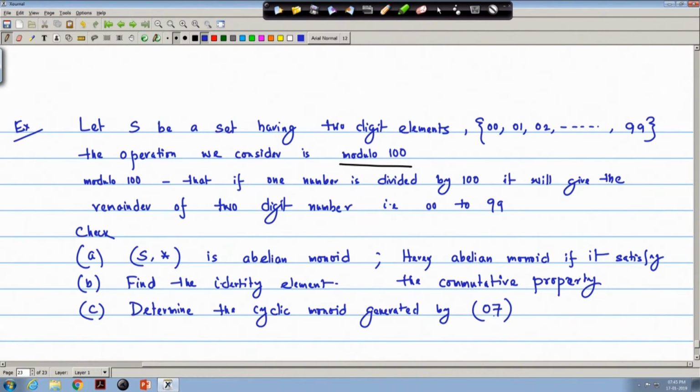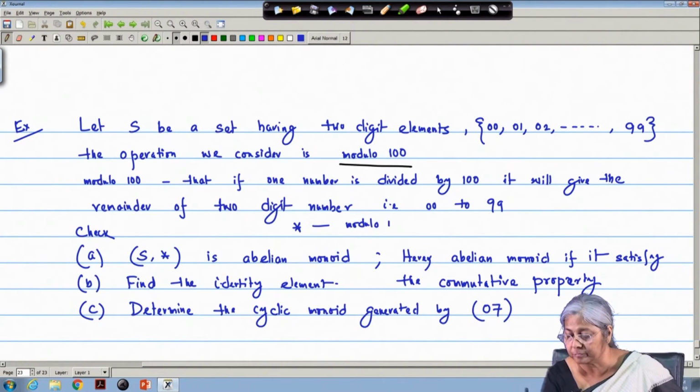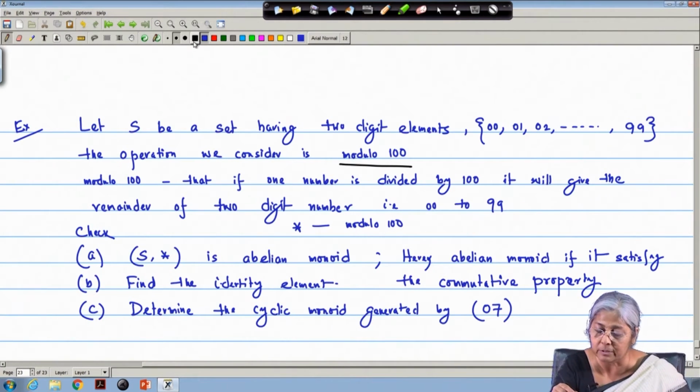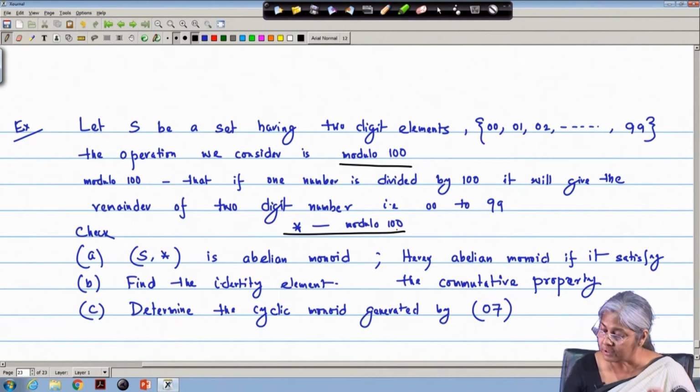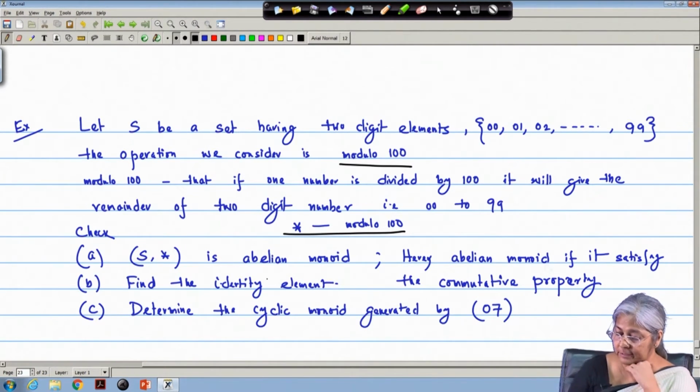With this example, we see there are some more properties of the monoid, and here the star is the operation modulo 100. First, we see the identity element, better we see B first.